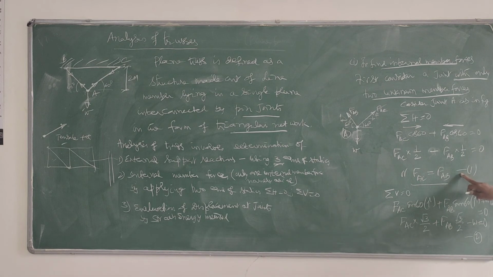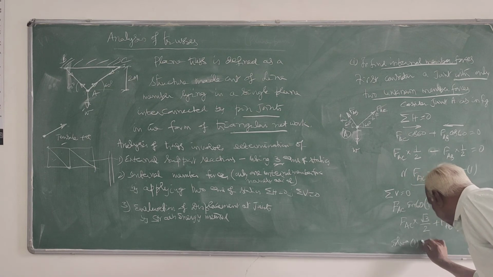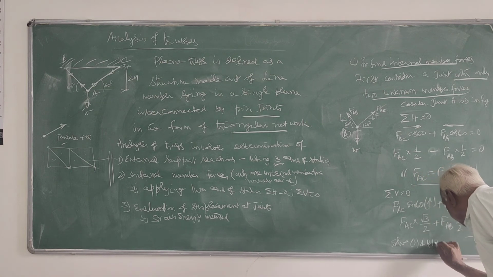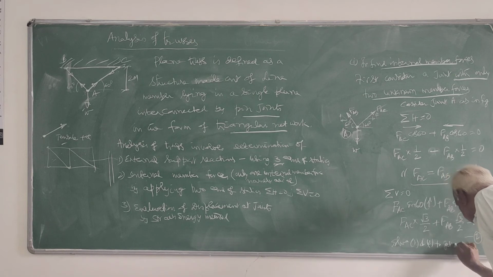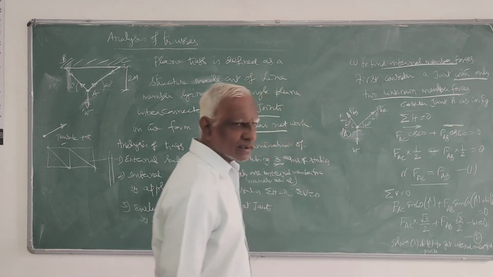So this is our second equation. So from one you have two equations. You solve these two equations, you will get FAB, FAC. So solve 1 and 2, you get internal member forces. That's all. That is the only analysis.